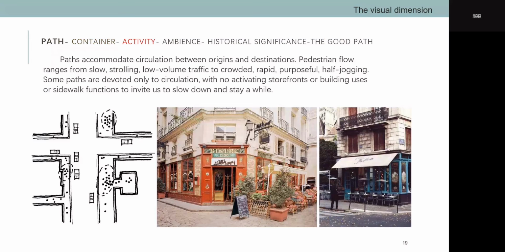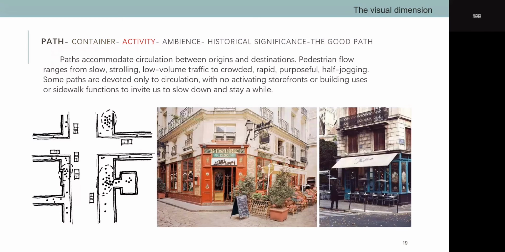Pedestrian flows range from slow strolling, low-volume traffic to crowds of rapid joggers, and some paths are devoted only to circulation, with no activating storefronts or building or sidewalk functions to invite us to slow down and stay a while.